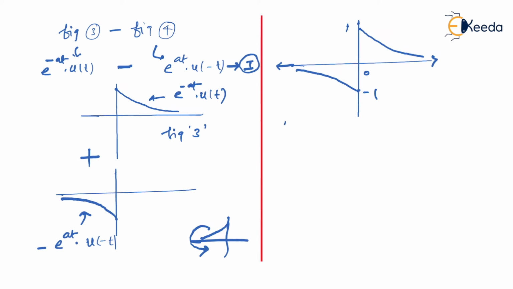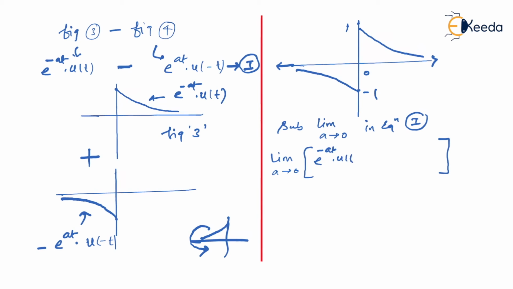Suppose you substitute limit a tending to 0 in equation number 1, that is, limit a tending to 0 of e to the power minus a t u of t minus e to the power a t u of minus t.